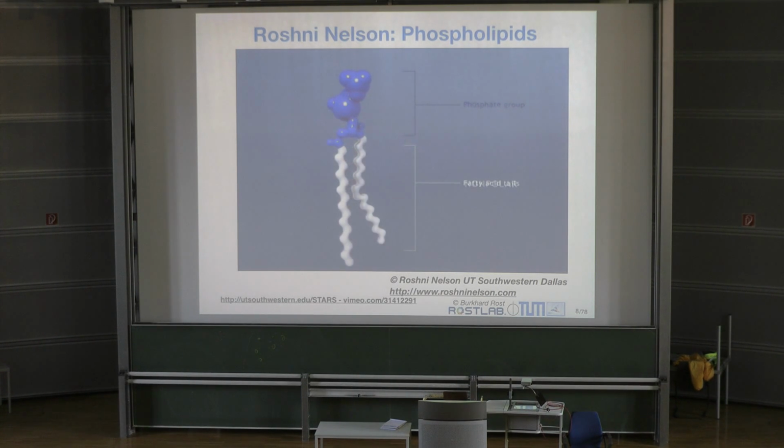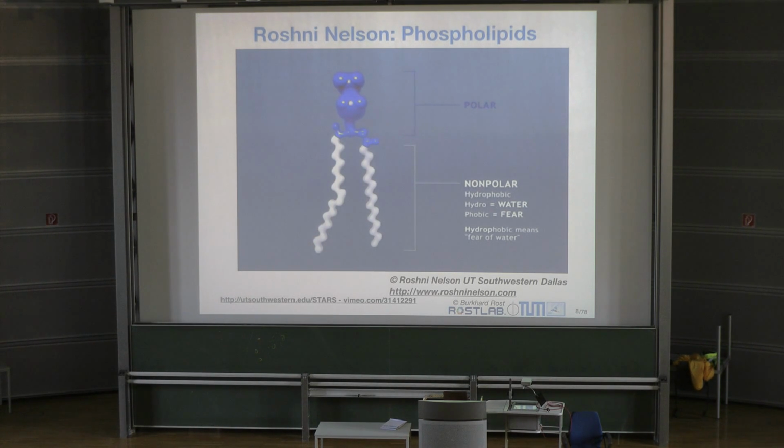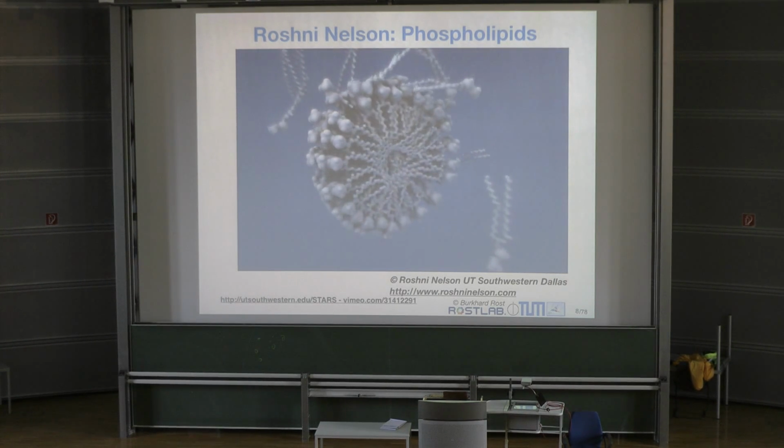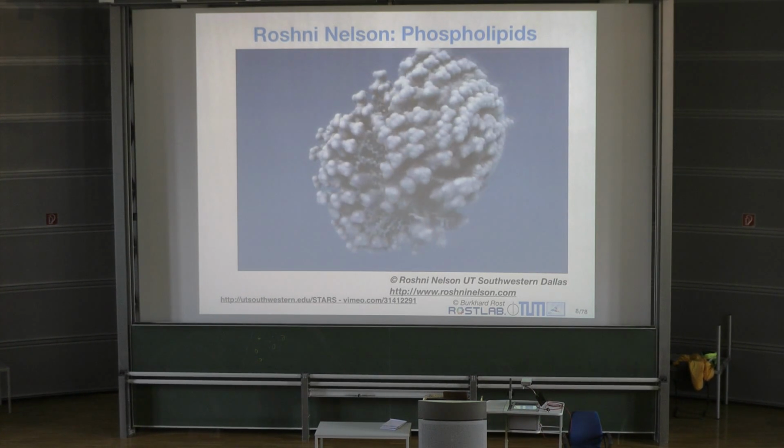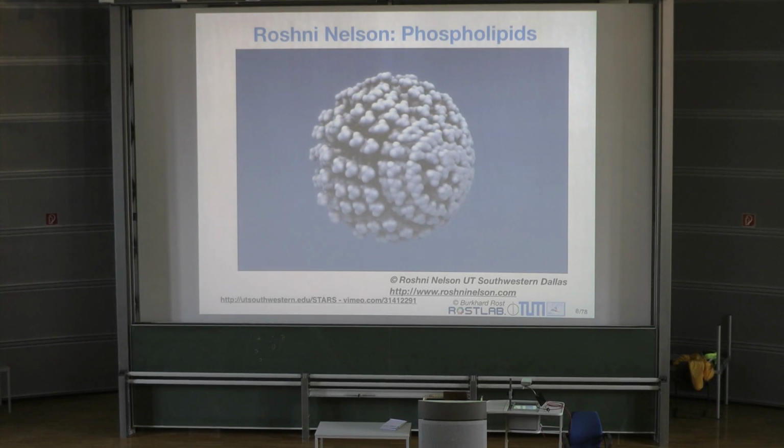The hydrocarbon tails are non-polar, unable to bond with water, and are hydrophobic. Hydro, water, phobic, fear. The polar phospholipid head has an affinity for water, and thus is hydrophilic. When phospholipids are added to water, they form assemblies to shield their hydrophobic portions from the water. See here the formation of a lipid monolayer.